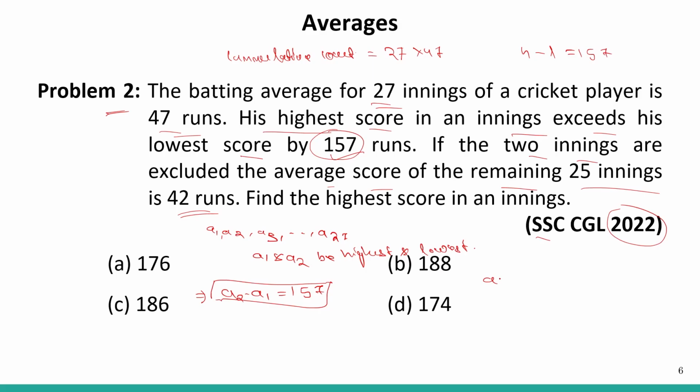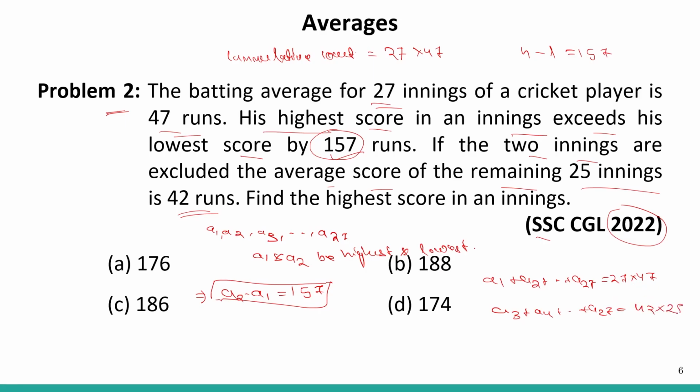And we have A1 plus A2 plus dot dot dot A27 is equal to 27 into 47. And given that A3 plus A4 plus dot dot dot A27 is equal to 42 into 25, that is 27 minus 2.